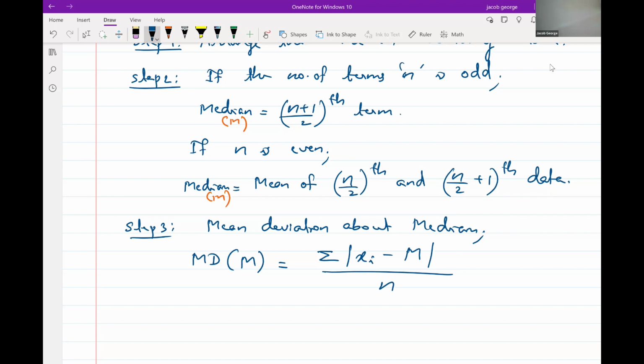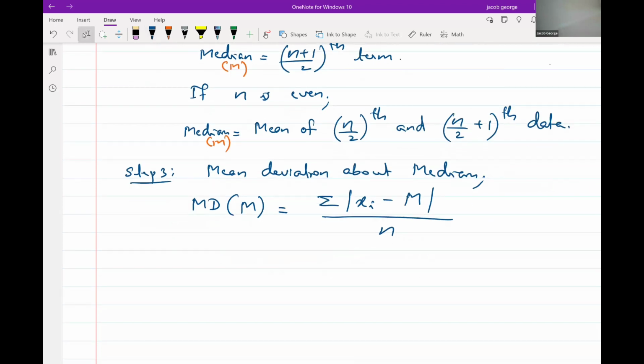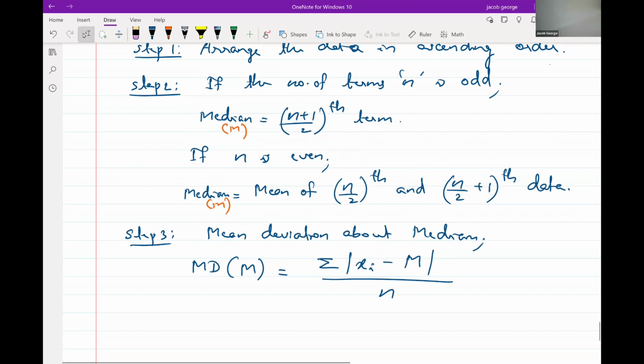Look at this, the mean deviation about mean and this one are the same; here in place of x bar comes capital M, which is the median. Okay, so now we discuss the question. Did you write the working rule?